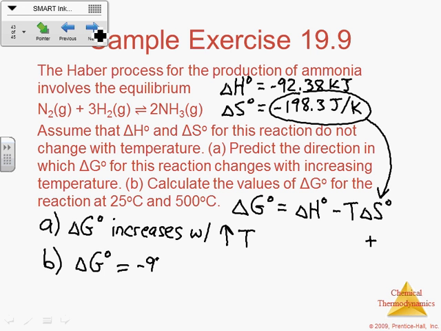So negative 92.38 kilojoules minus, at 25 degrees Celsius, that's 298 K times negative 0.1983 kilojoules per Kelvin.